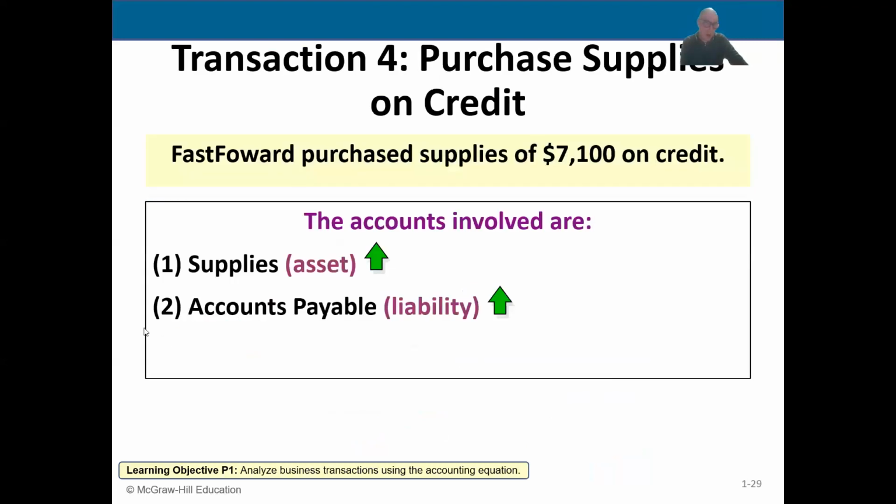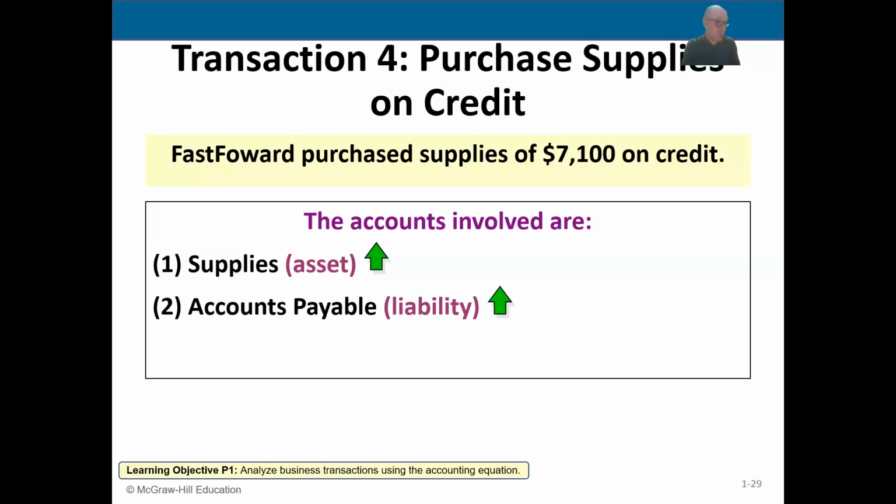Okay, now for a transaction that involves liabilities. The company purchased $7,100 of supplies on account. In accounting, when you see the words on account, that means either accounts payable or accounts receivable.